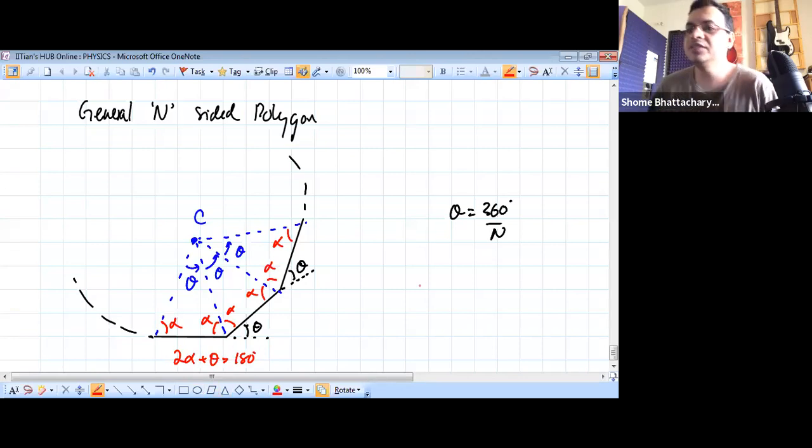Okay, so for example, if it's a 10-sided polygon, a regular decagon, then each of those angles will have to be 36 degrees, like that. If it's an 8-sided polygon, yes, for a circle, you can say that n is tending to infinity. So n tending to infinity means theta is tending to 0, like that.